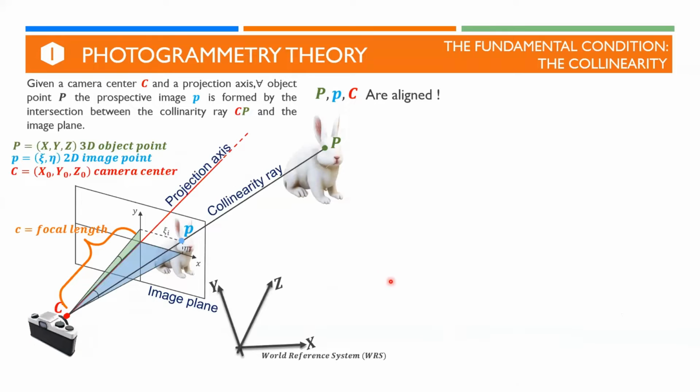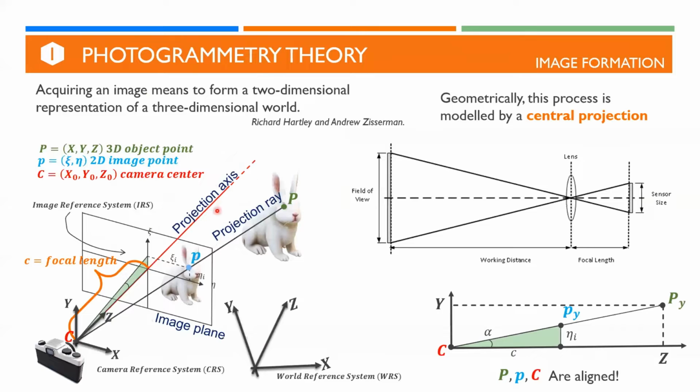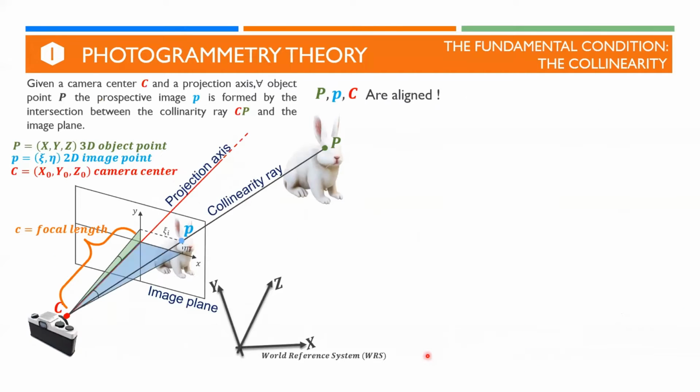So now, given our camera center, which is C, and our projection axis, this one, as you can see, we had before called projection ray, but now we have seen that everything is on the same line, so there is collinearity, and we decided to call it collinearity ray.